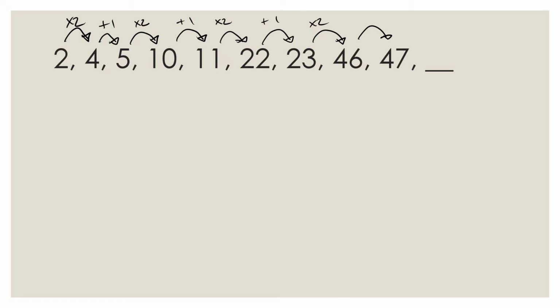This one is plus 1. So what we should expect is to multiply this by 2. So again, 47 times 2 also gives us 94. So what I've shown you here is that there is more than one way that you can find the same answer.